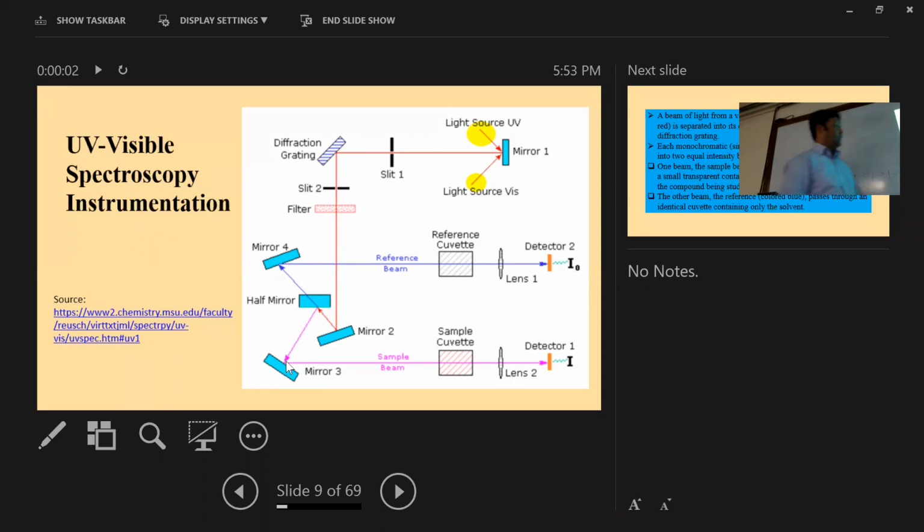Okay. Now we are getting 50% of the light through this and 50% through this. This is a mirror, and this is another mirror. We are changing the orientation of the light.